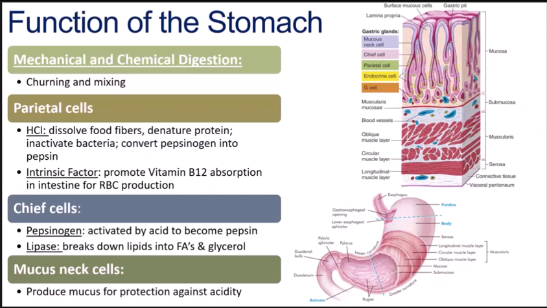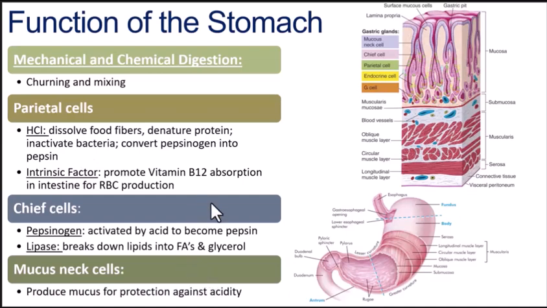Hydrochloric acid in the stomach works to dissolve the fibers that make up food. It breaks down, or denatures, protein. Because it's acidic, it also inactivates bacteria and other pathogens as well.